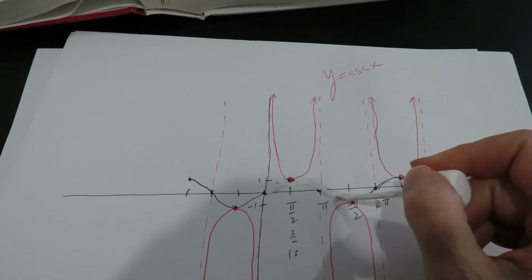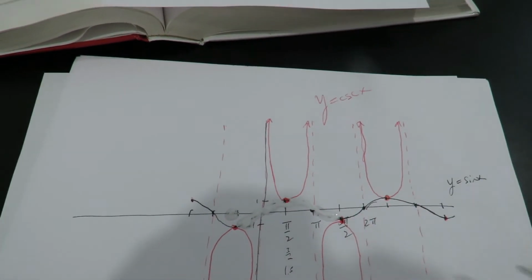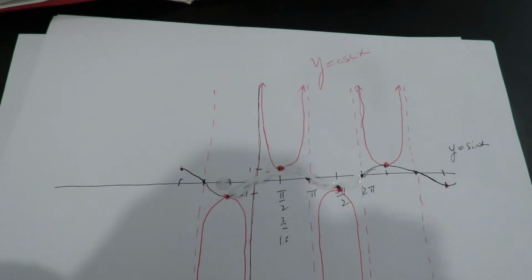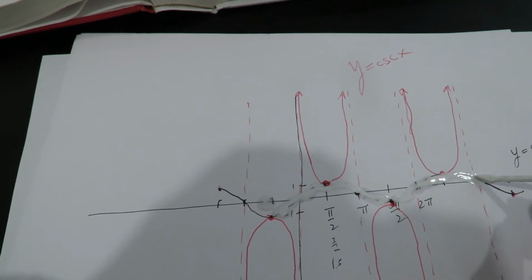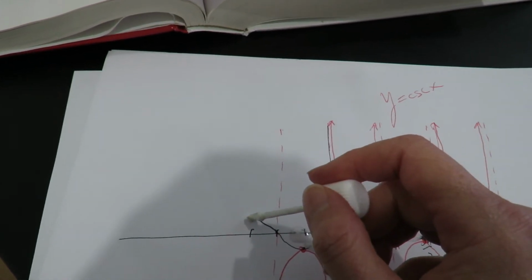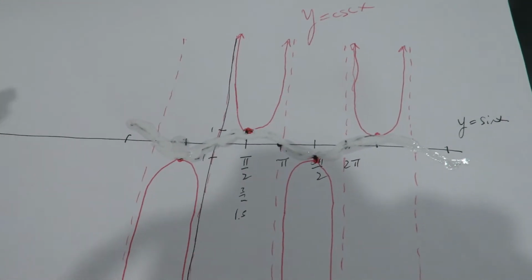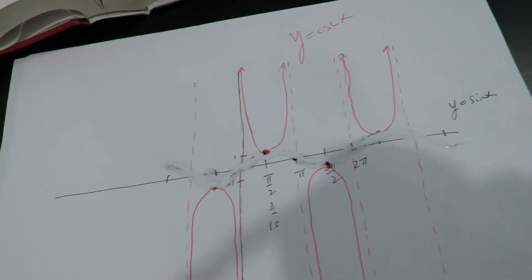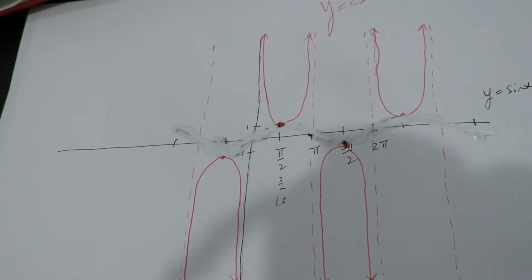I could have taken them away, because I only used the sine function as a guide. Which is actually a nice thing to do on test 3. If you use pencil, you take away the original function because the cosecant is just these floating parabolas.